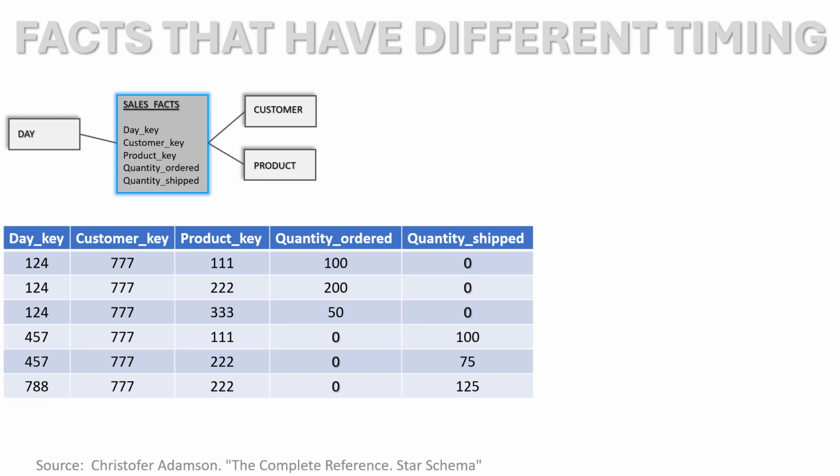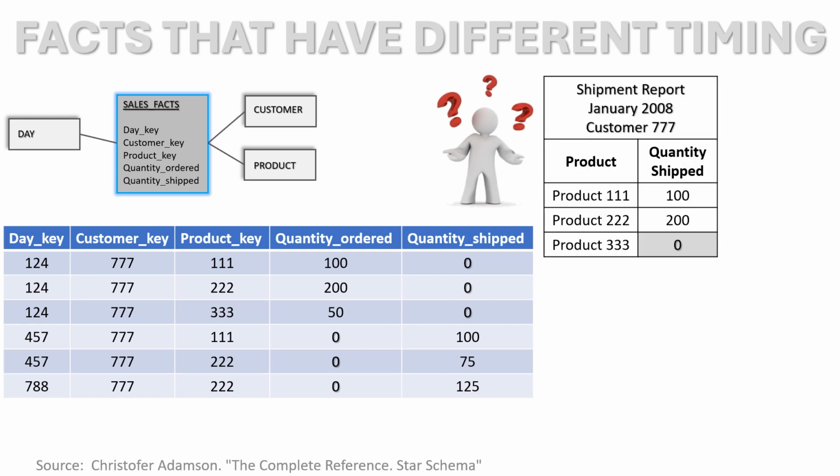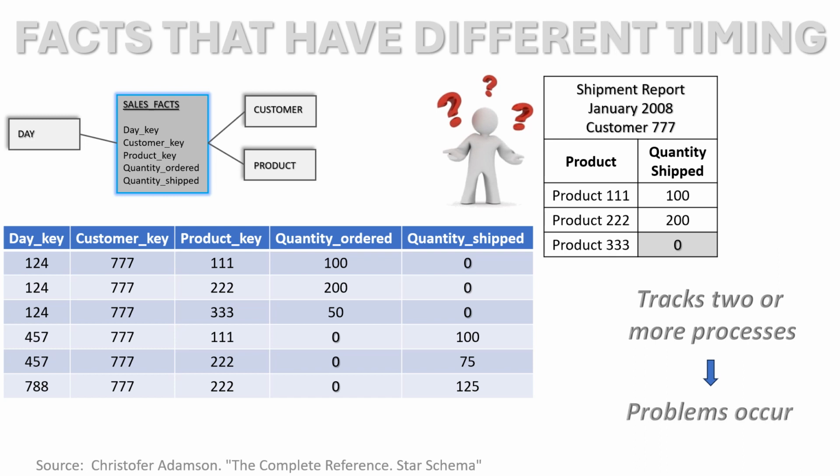Now suppose that someone is interested in studying shipments to customer 777, and that they generate a report from this fact table. They might run a simple query to produce a report like this. When a single fact table tracks two or more processes, problems occur when someone is interested in studying only one process.